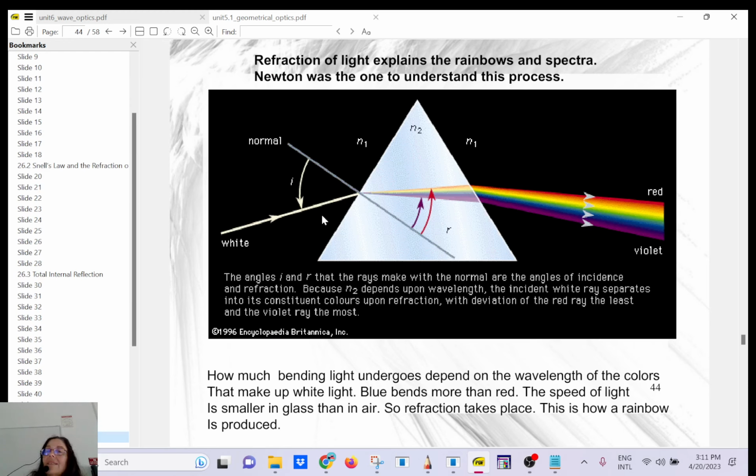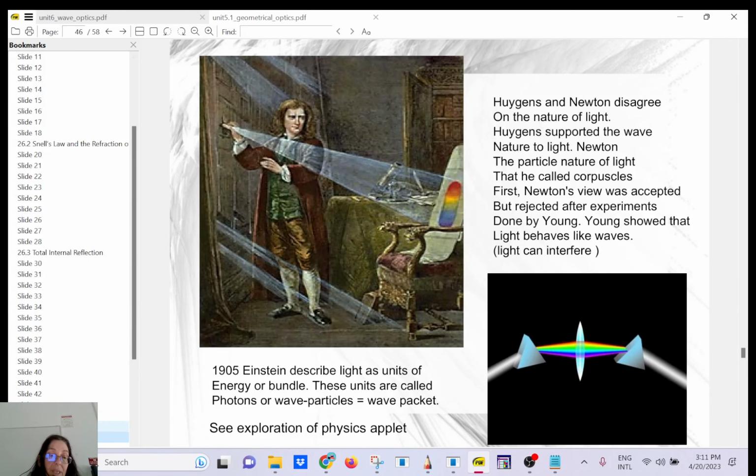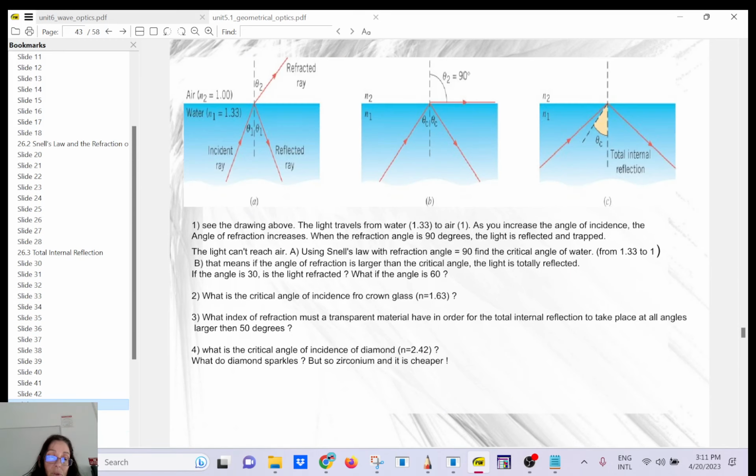Now, if you have white light, you see how blue light is more bent, more refracted than red light. That's how you have the rainbow, and Newton figured it out. It's because of the wavelength.